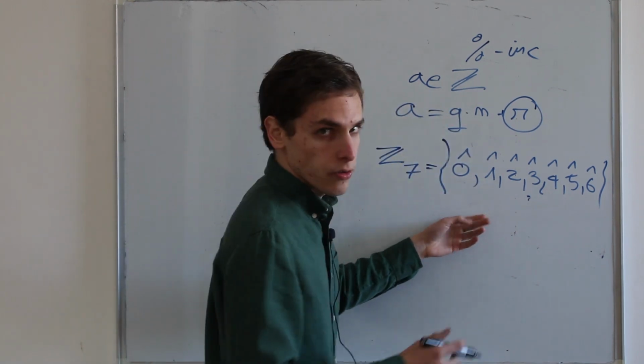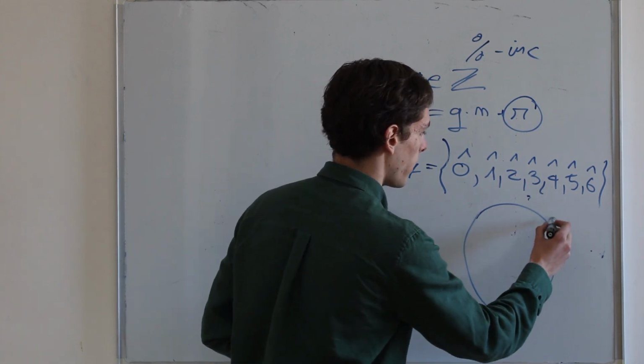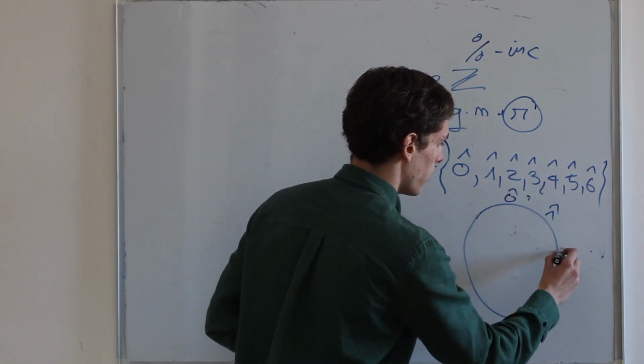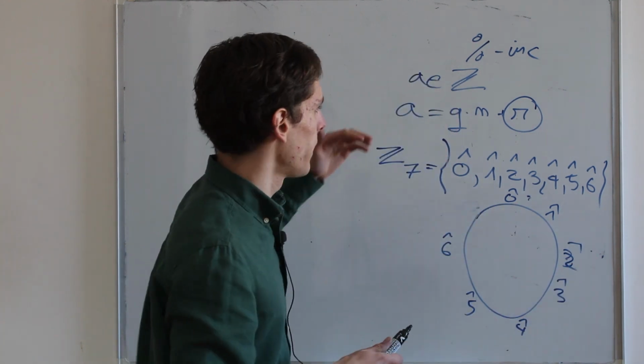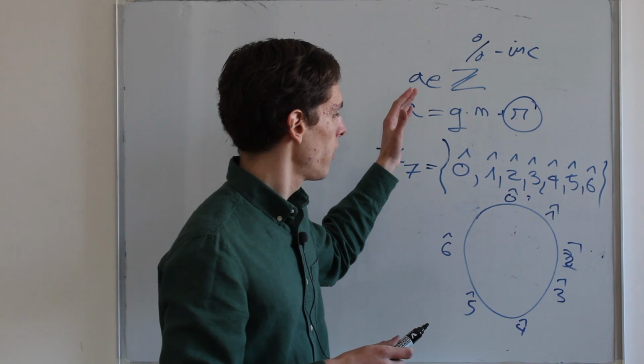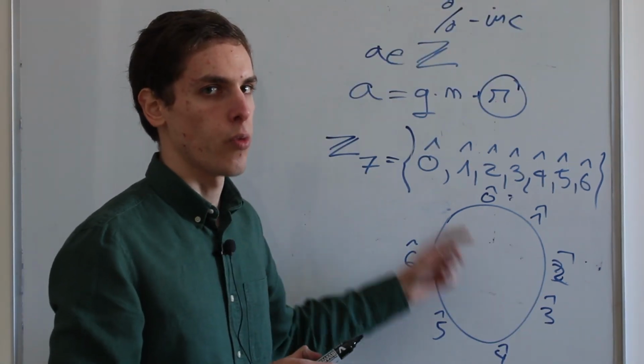People also like to imagine this as a clock face, where you have the classes here, something like this. And this is useful for you to remember that no matter how big a number is, it's on here, but you don't know where.